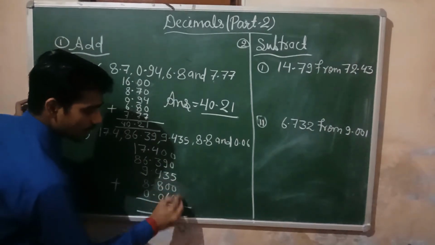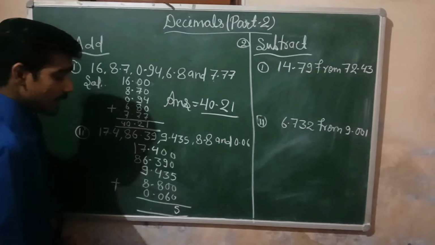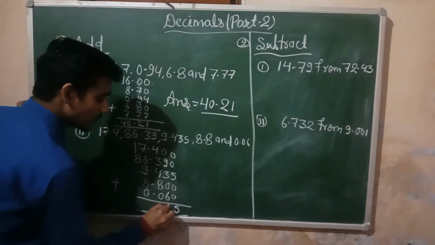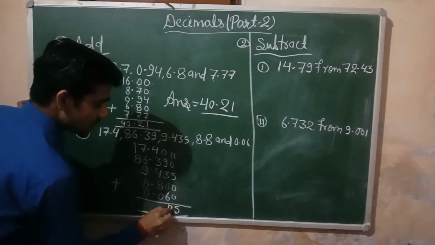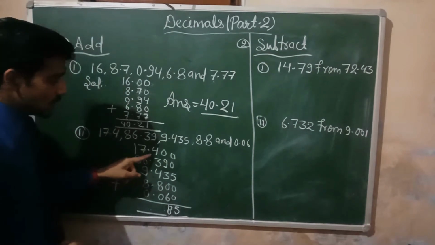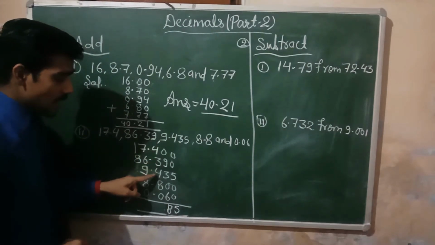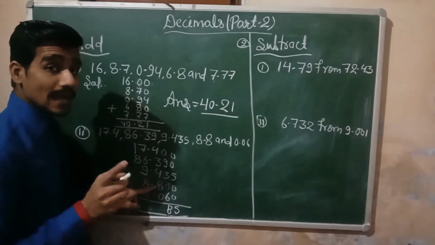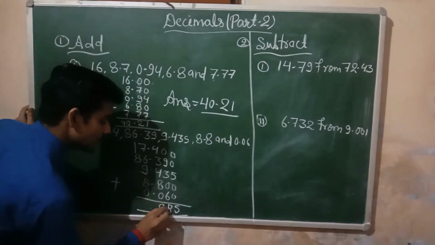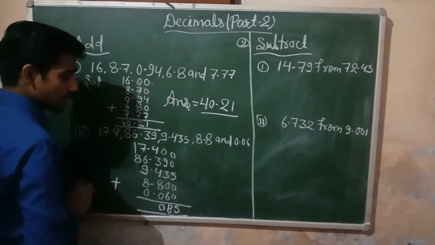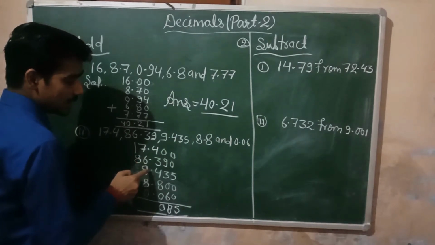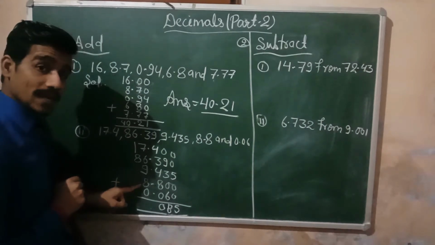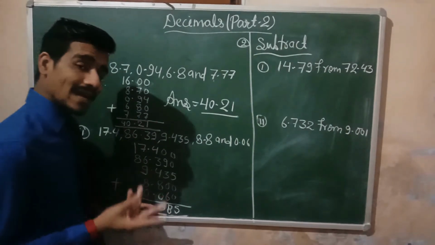After that, adding here: you will write 5, 9 plus 3 is 12, 12 plus 6 is 18, carry 1. 4 plus 3 is 7, 7 plus 4 is 11, 11 plus 8 is 19, 19 plus 1 is 20. Carry 2. 7 plus 6 is 13, 13 plus 9 is 22, 22 plus 8 is 30, plus 2 is 32.